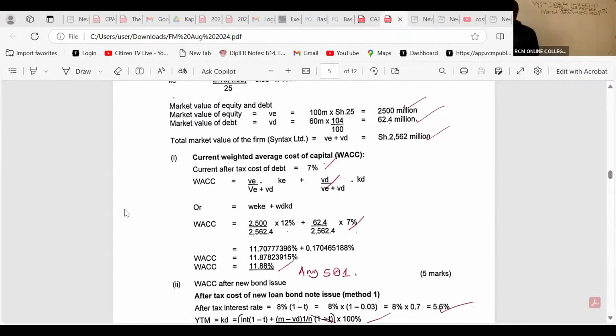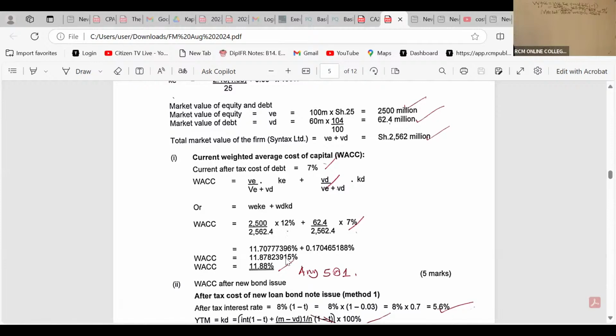Normally we are very fair. In terms of marking, you should never blame the marker. Here we say 85 at 1. But even if you just come here and get your current after tax cost, mention 7%, have the WACC formula, and substitute, you are getting the mark.